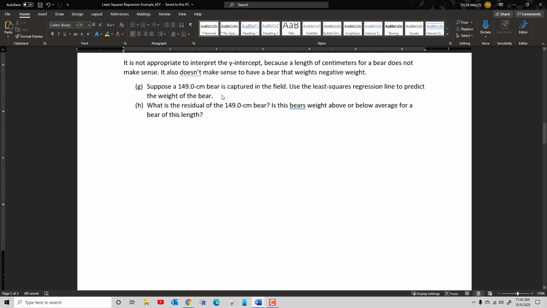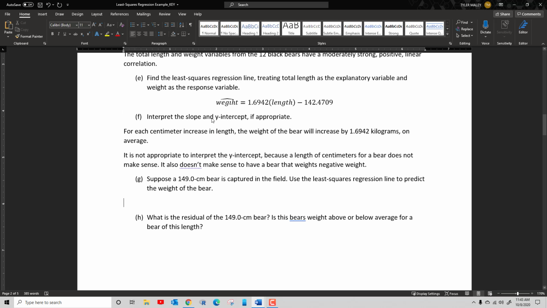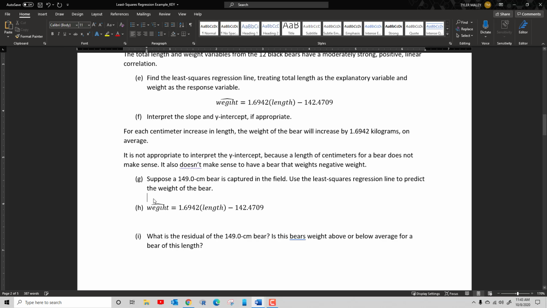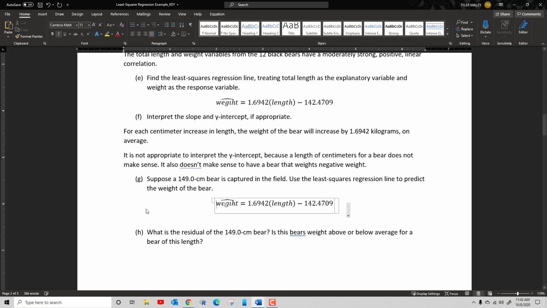So then part G, it says suppose a 149 centimeter bear is captured in the field. Use the least squares regression line to predict the weight of the bear. Right. So we could take this equation, and what I'm doing is instead of length, I'm filling in 149 centimeters, right?